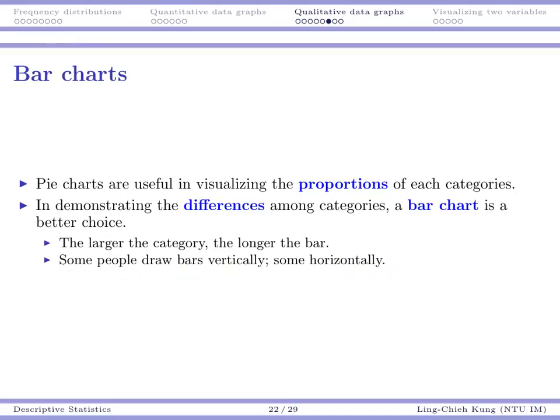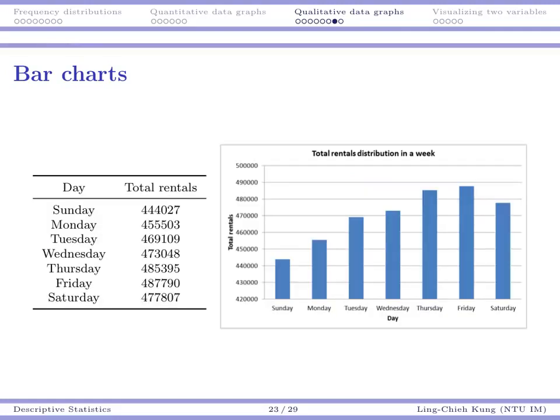It doesn't really matter. As an example, suppose we still have those 7 days in a week and we still want to compare them. Instead of using a pie chart, we can use a bar chart. And then we will depict our chart like this.